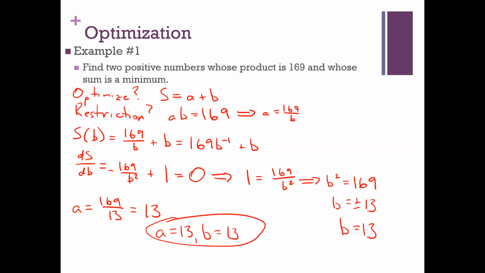Any questions on how we went about that? Okay, we've got time for a couple more, so let's do a few of these and we'll try to construct this process.